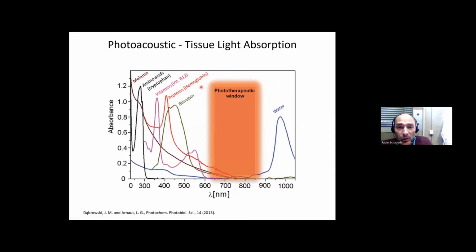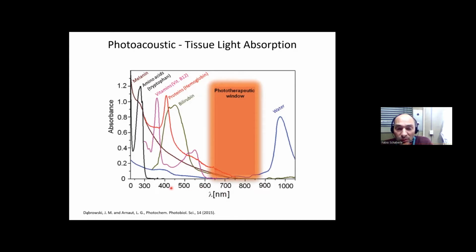Another thing about photoacoustics is tissue light absorption, because if you are talking about photoacoustics in vivo, for example for animal studies or biological studies, we need to consider the optical penetration depth.